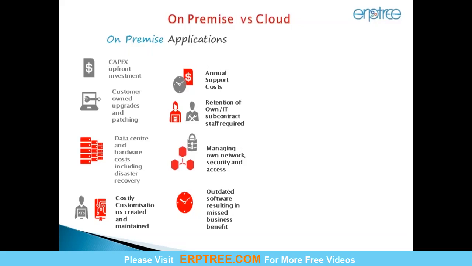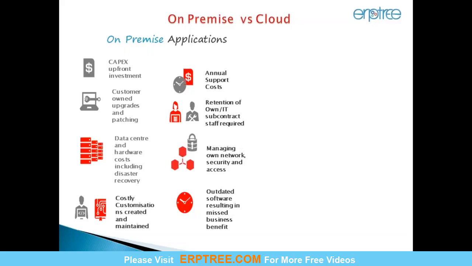Outdated software results in missed business benefit. As the application is not updated based on a time frame, we used to miss some of the best-of-breed features implemented in the latest application version, and we went ahead with upgrading only whenever the business required it or whenever it was feasible for us.